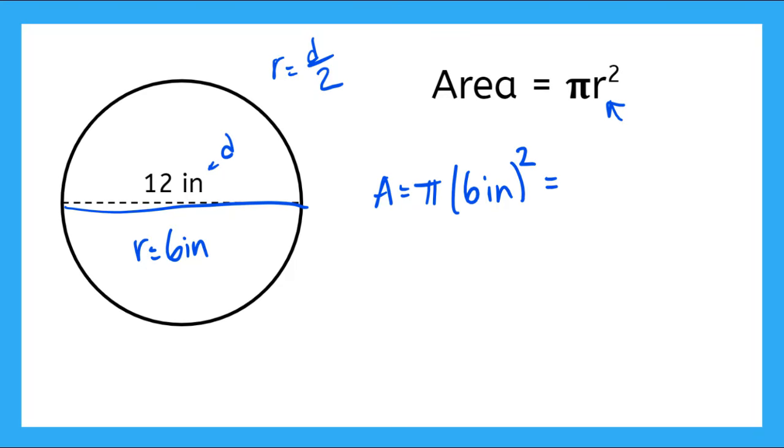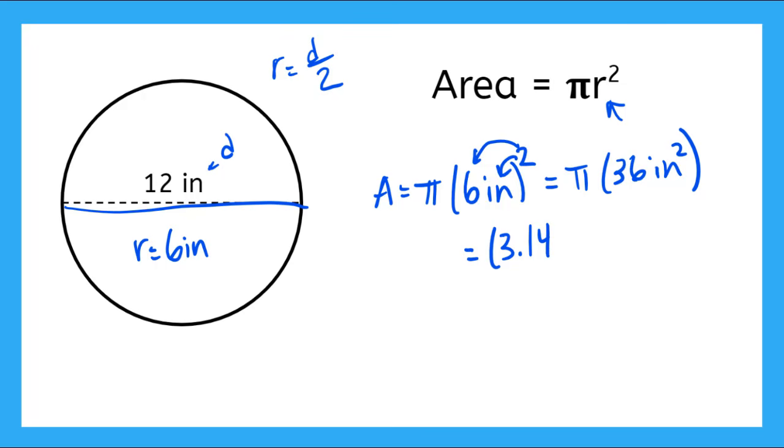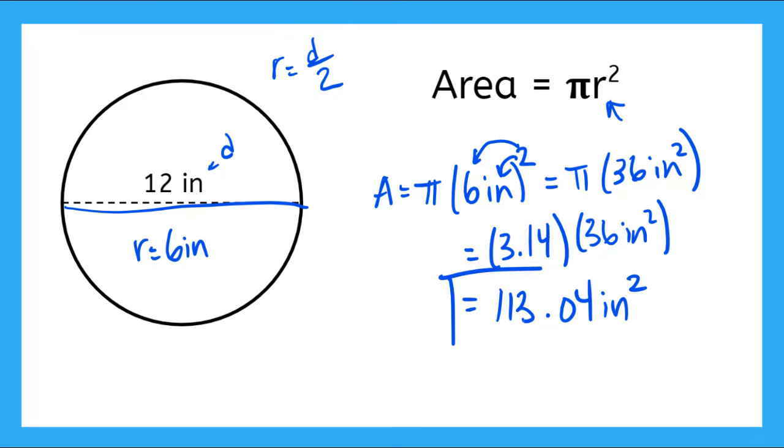So now if I'm squaring this, I square my number and I square my units. I get pi times 36 inches squared. Now I'm going to multiply pi, my approximation, 3.14 times 36 inches squared. And if you don't know that off the top of your head, that's all right. Total comes to 113.04 inches squared. So that would be the total area of this circle.